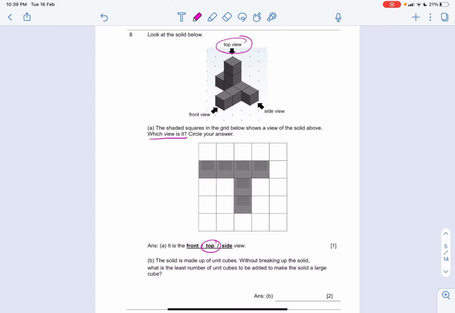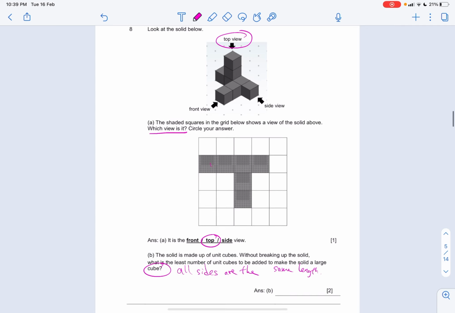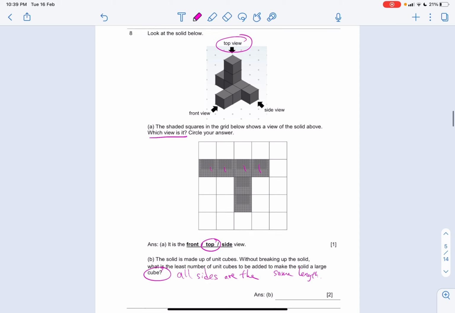B, the solid is made up of unit cubes. Without breaking up the solid, what is the least number of cubes to be added to make it a large cube? So the property of a cube is that all sides are the same length. And if we look at the cube, the longest side here is 1, 2, 3, 4, which is 4.